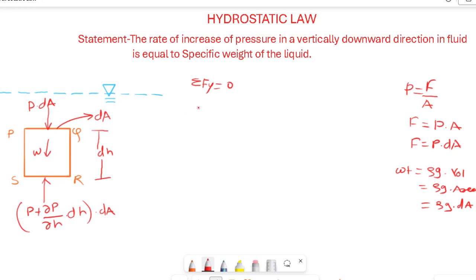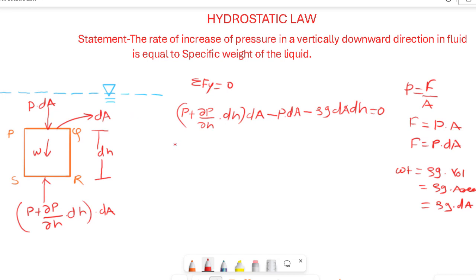So let us begin with positive vertical force, which is acting in positive y direction, that is the pressure force acting on face SR. P plus dP by dH into dH into dA, minus this pressure force which is acting in negative y direction, P into dA, minus self weight of the element, which is rho g dA dH, is equal to 0.